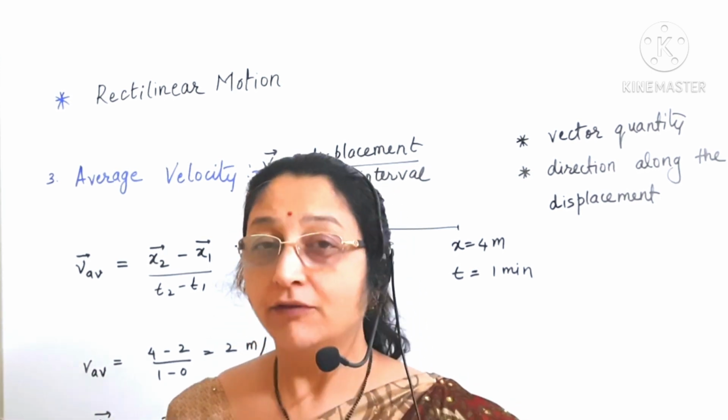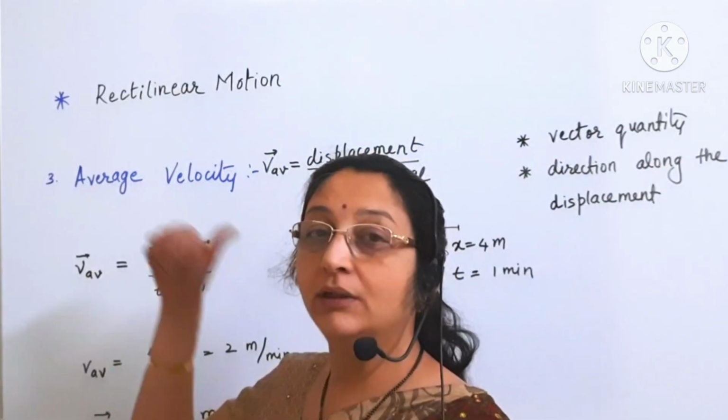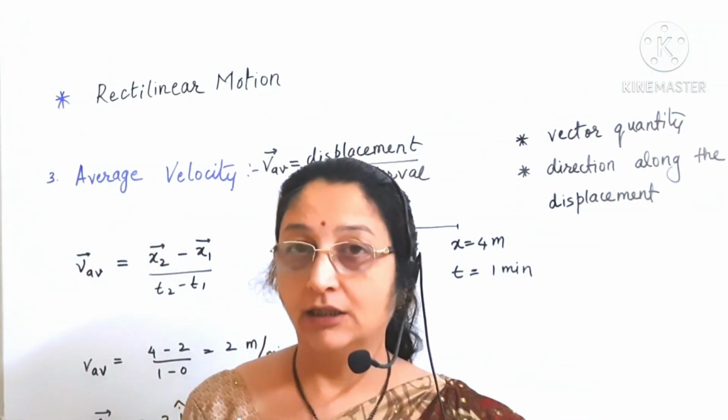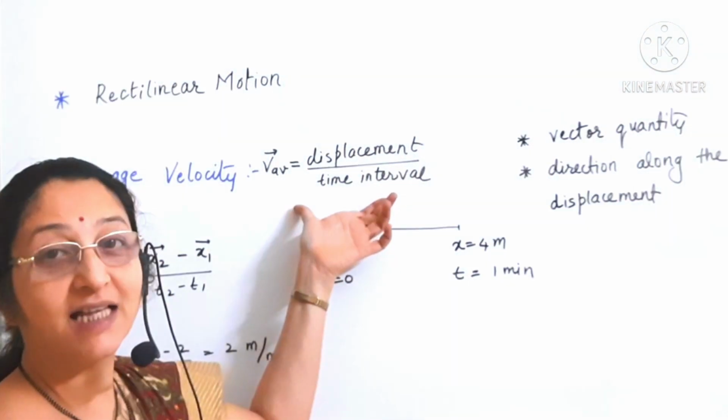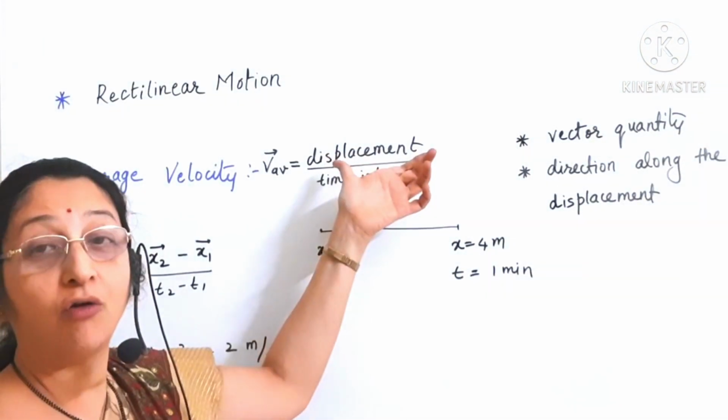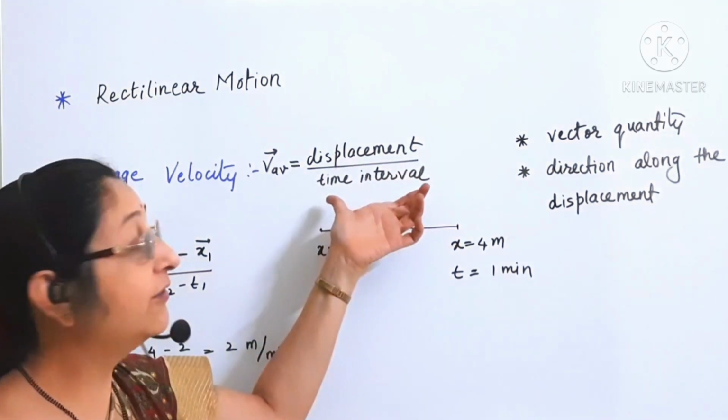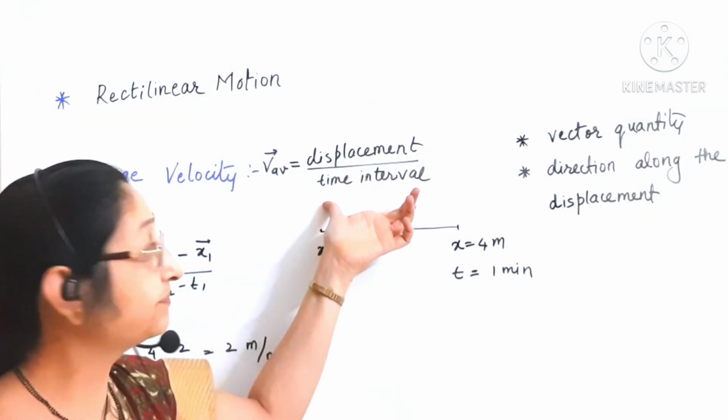The next point which we are going to discuss is the average velocity. The average velocity is defined as the displacement of the body in the given time interval.